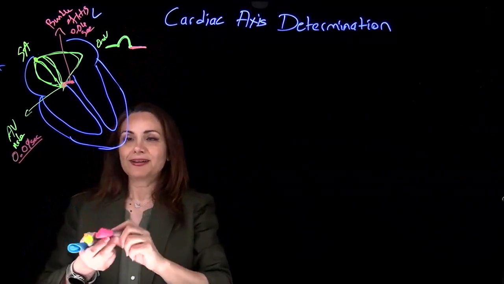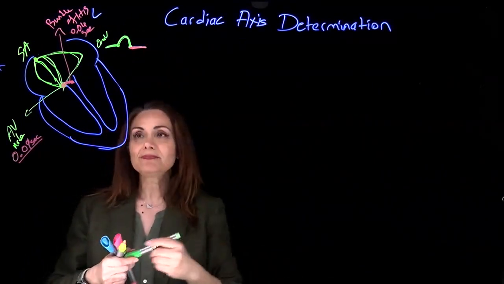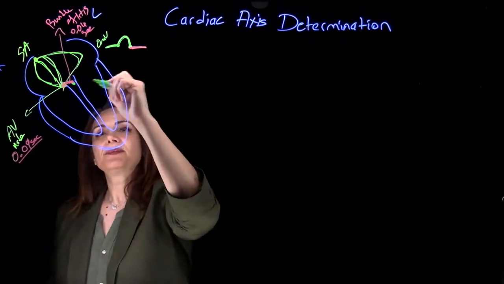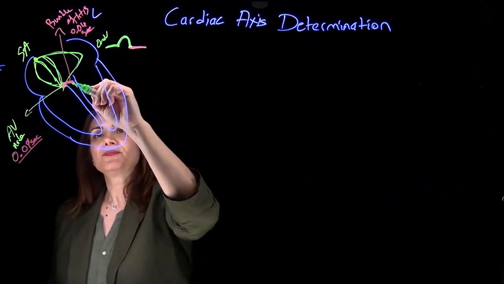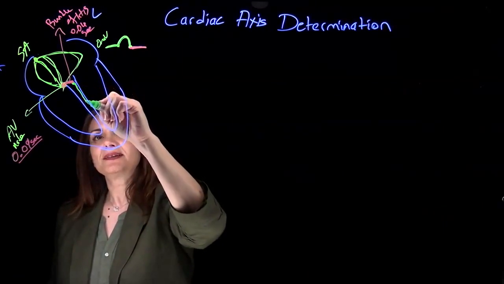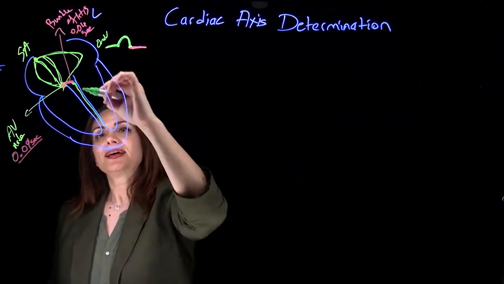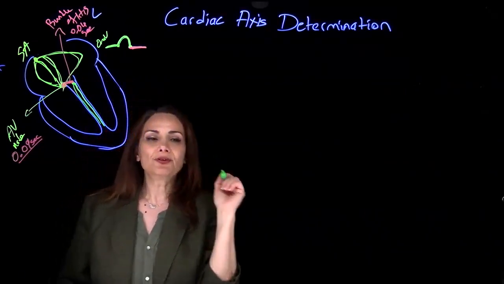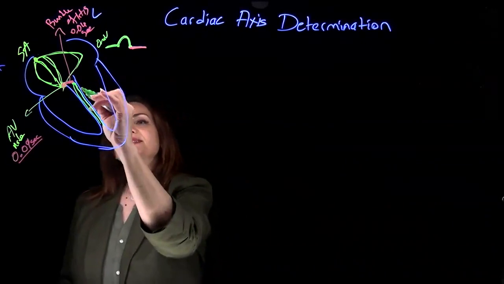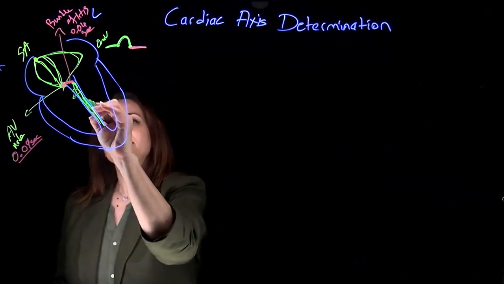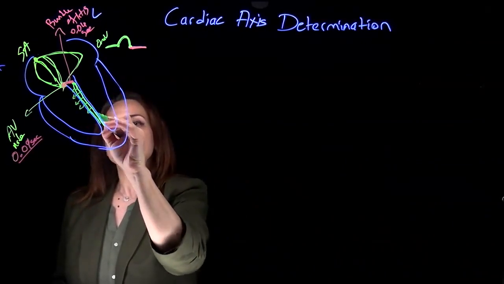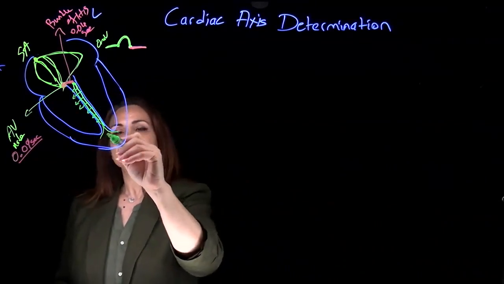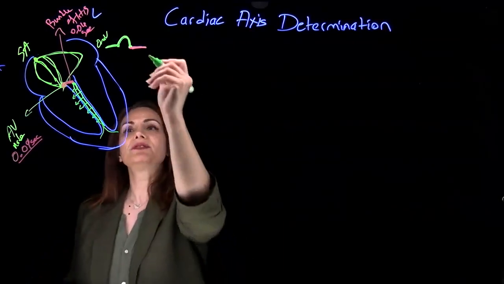Following that, the electrical activity is now in the septum and going down the septum, first faster on the left branch, and then on the right branch. If you recall, the left branch is faster, so from the left side, the electrical activity moves towards the right branch, and they both go towards the apex of the heart. So what are we recording?